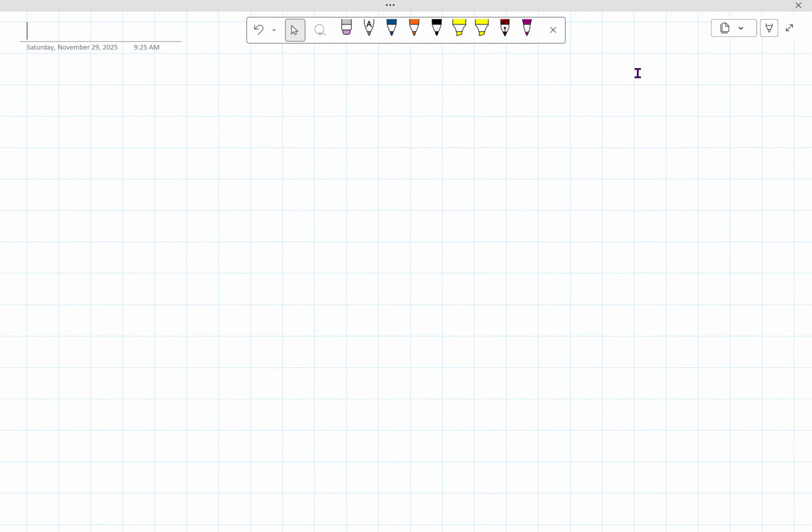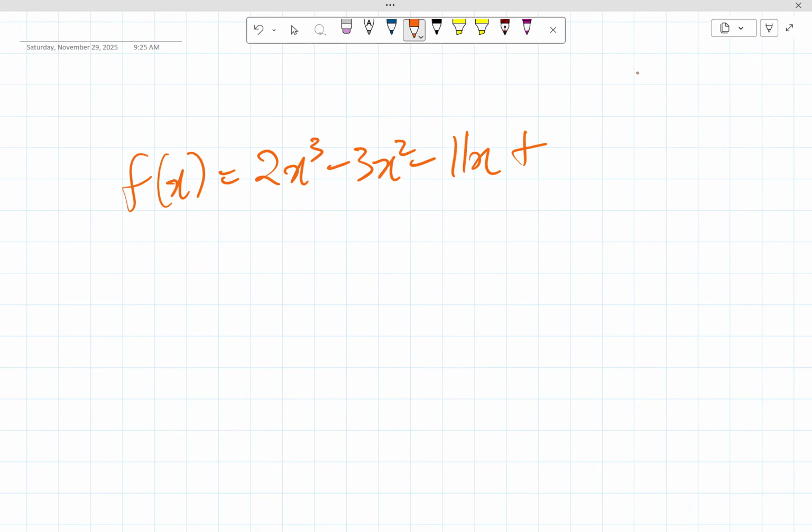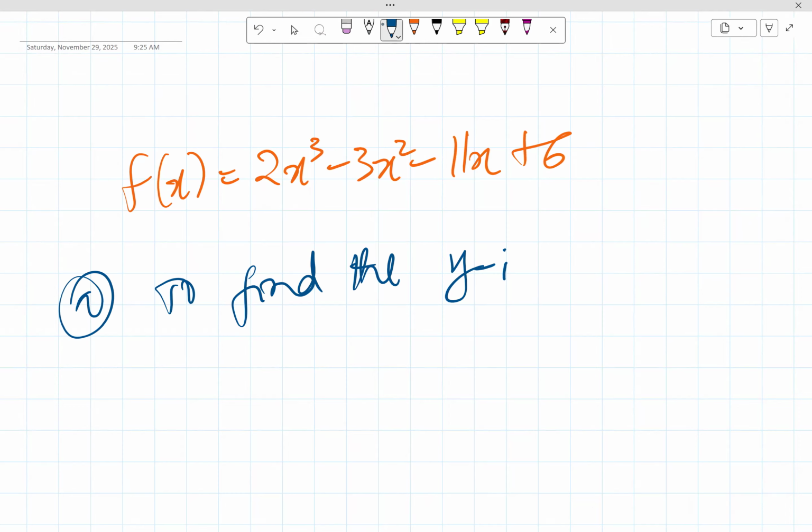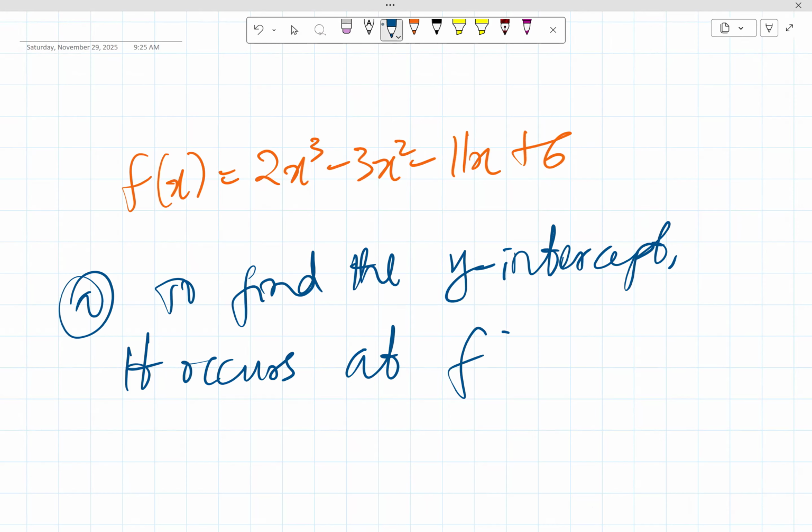So first of all, we have the function f of x equals 2x cubed minus 3x squared minus 11x plus 6. The first question is to find the y-intercept. It occurs at f of 0.